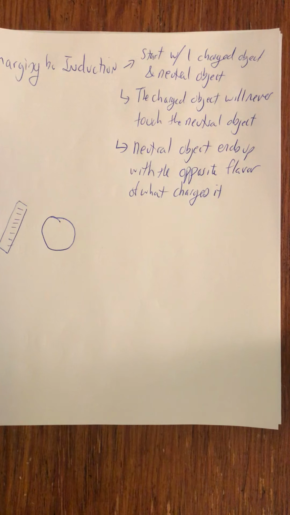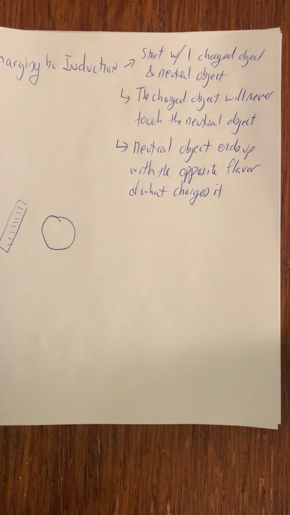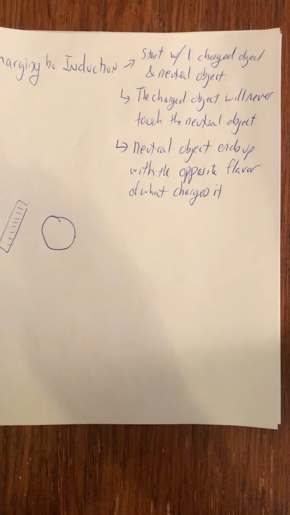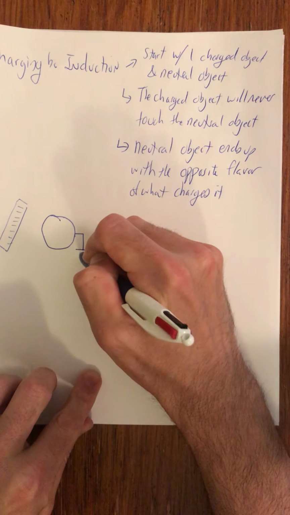That happens just because of time sequence, but the polarization step is not relevant in this process. Now I'm going to ground this object in order to have a pathway for electrons to move on. It doesn't actually matter where I ground it. I could ground it on this side or this side. I'm just going to ground it here because the picture is neater to draw.